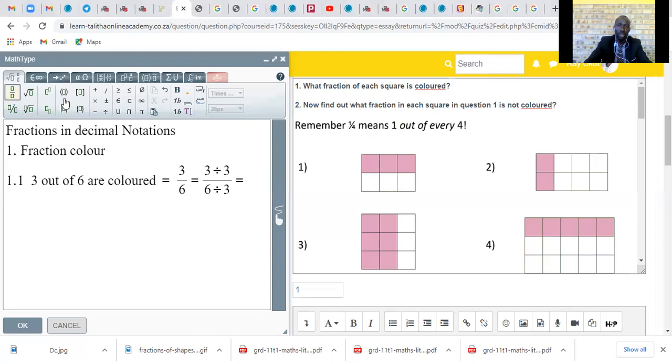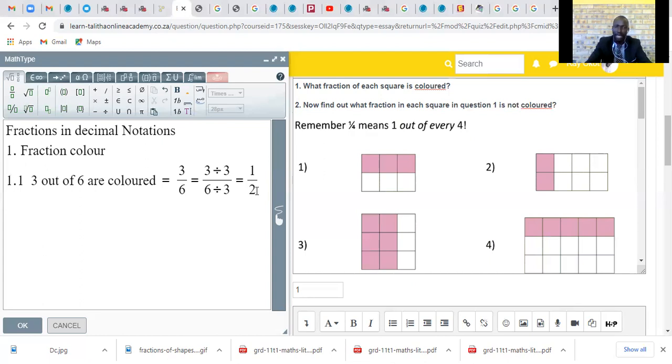In fractional notation, 3 divided by 3 is 1. And 6 divided by 3 is 2. And so instead of writing it as 3 out of 6, we can now write it as 1 out of 2.